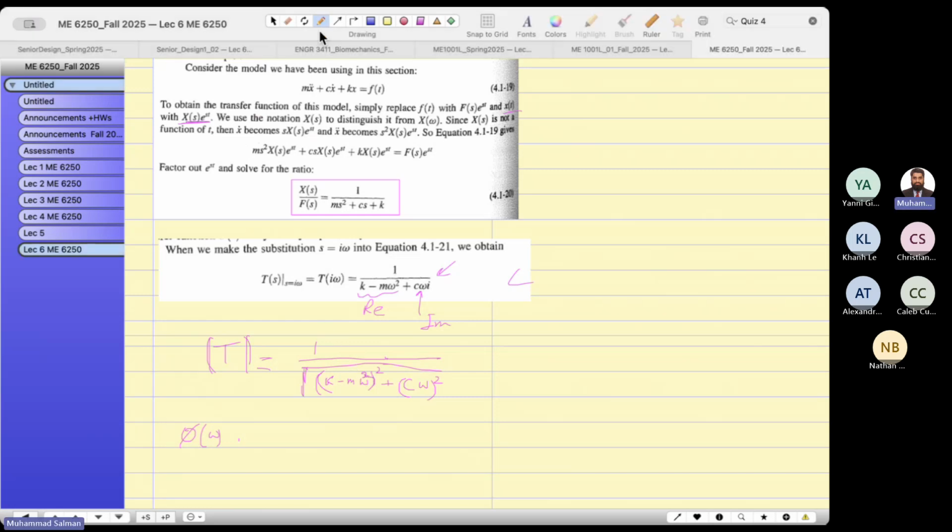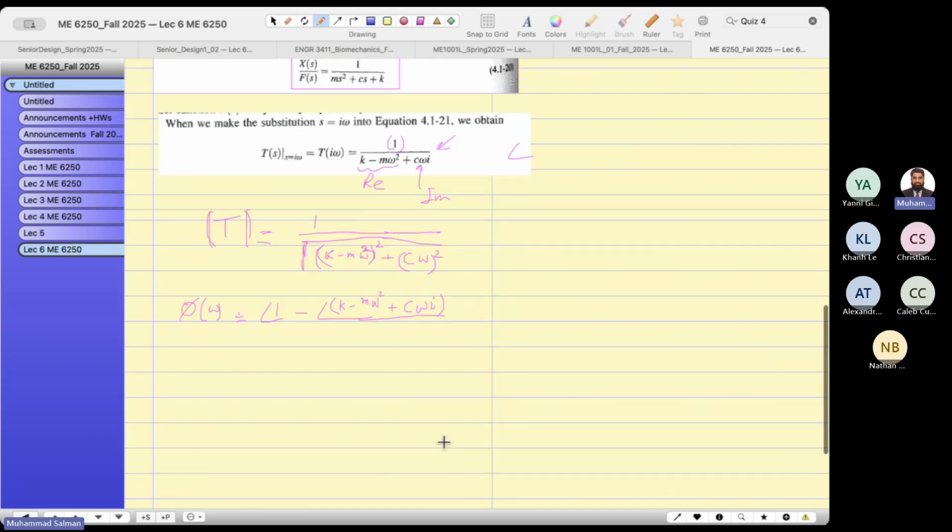So what I'm going to show you here, the angle of this one. What is the angle of one in the numerator? You will see the angle is 0 because it's a real part, and minus the angle of the denominator. Minus the angle of whatever the denominator is, you will write it down here, plus. And then the angle for the real part is like a real axis.